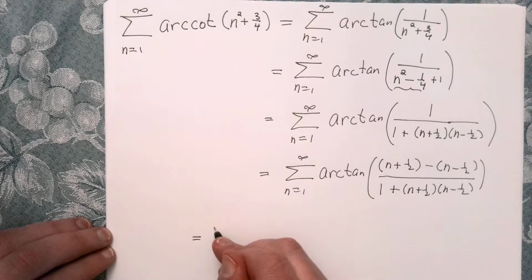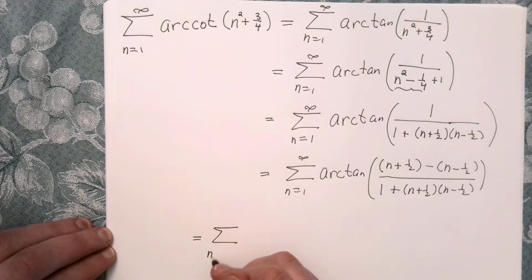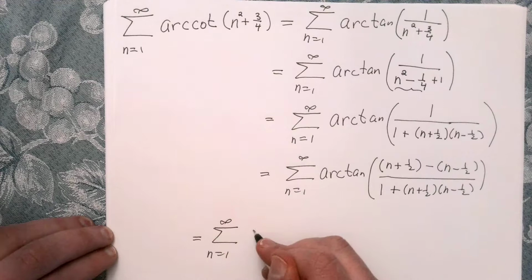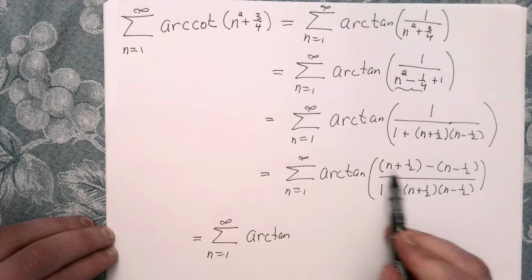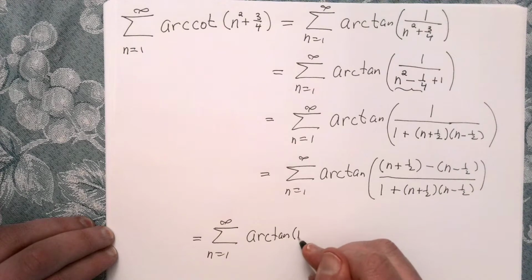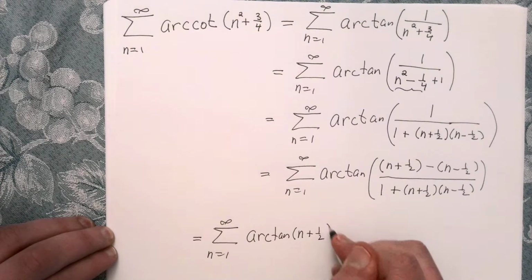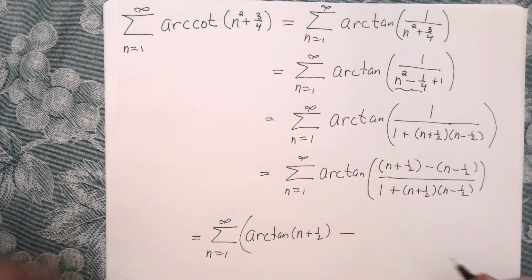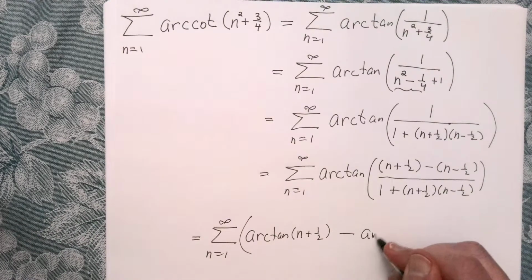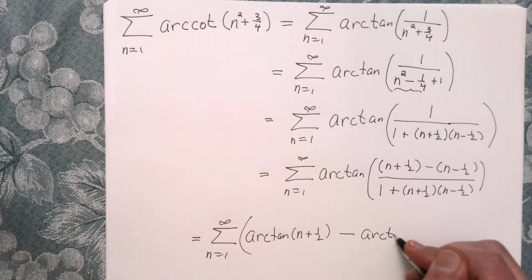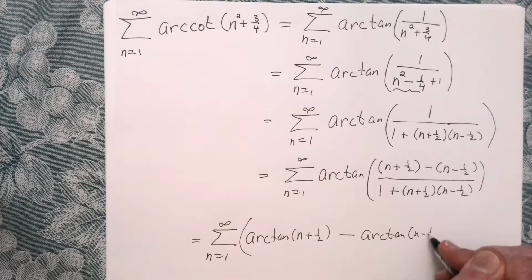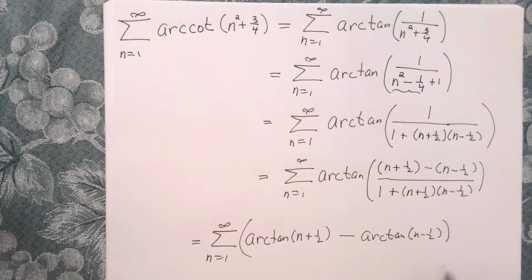Okay, so by our formula here, we've got the series from n equals 1 to infinity of the arctan of x. Well, what's playing the role of x is exactly this. So that's the arctan of n plus 1/2 minus, from the formula, the arctan of y. And again, playing the role of y is n minus 1/2. So that's the arctangent of n minus 1/2.